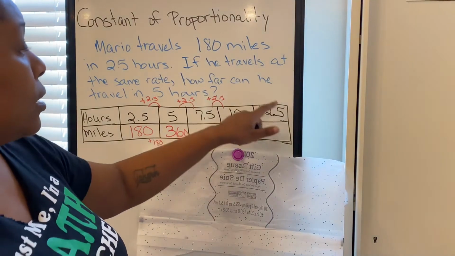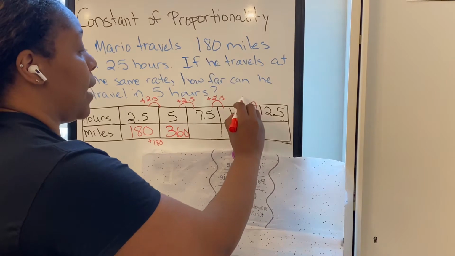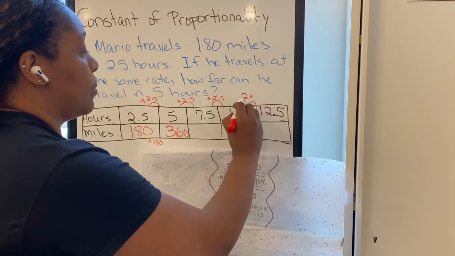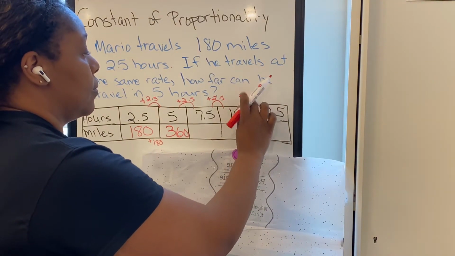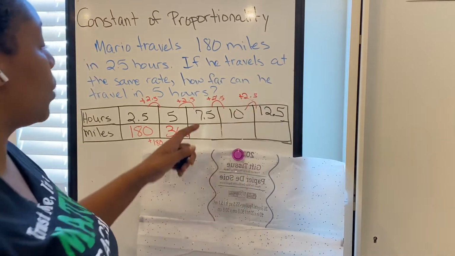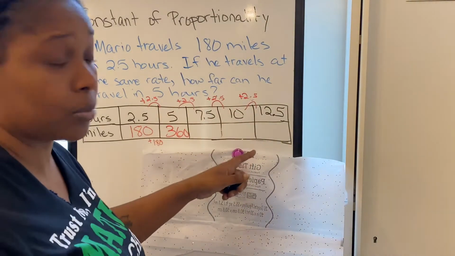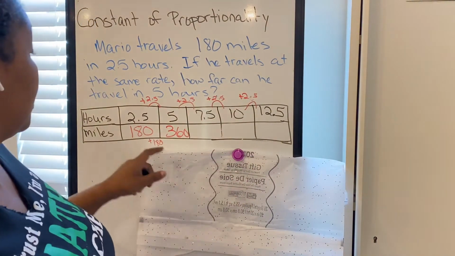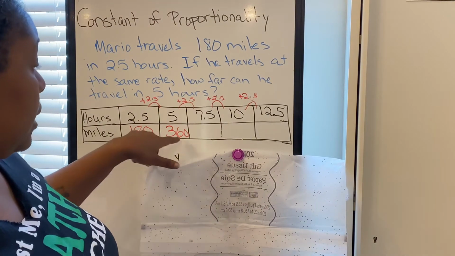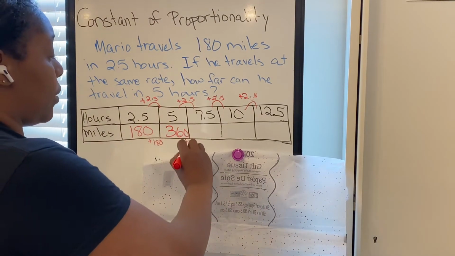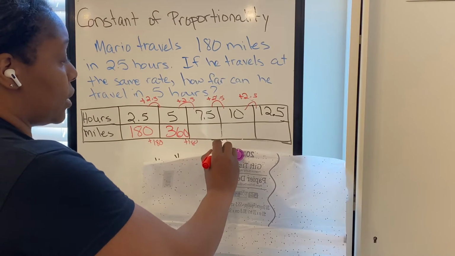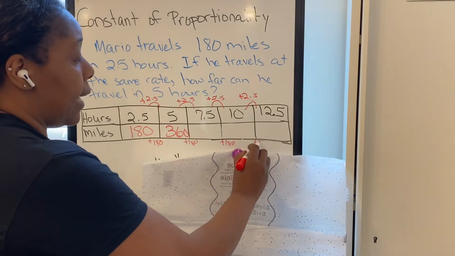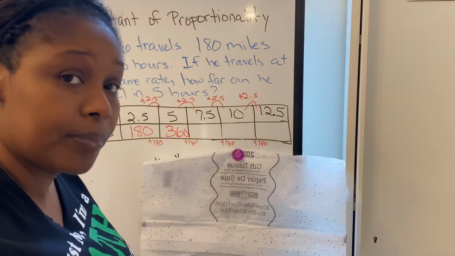And 10 to 12.5 is 2.5. And what I do to the top, as far as adding or subtracting, I'm going to do the same thing to the bottom. If I had to add 180 to get here, I'm going to add another 180. And then to that answer, I add 180. And to that answer, I add 180.